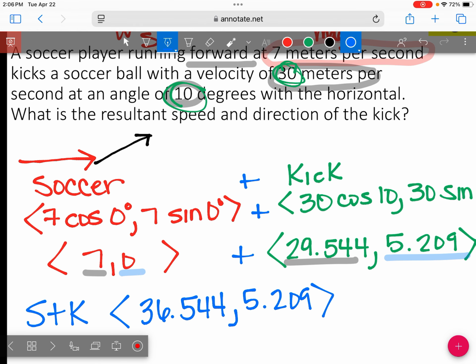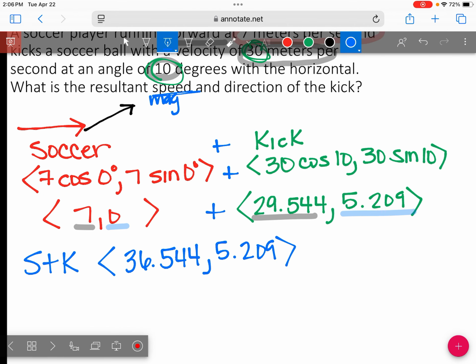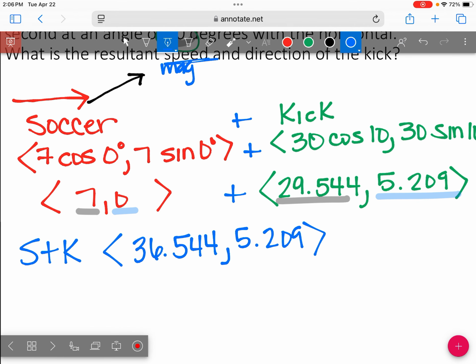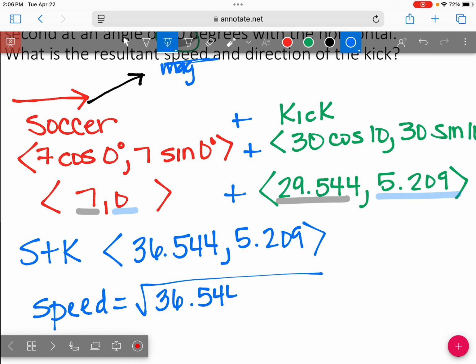I want you to use that vector to find the speed. Remember, speed is the same formula as magnitude. So his speed is going to be the square root of 36.544 squared plus 5.209 squared.